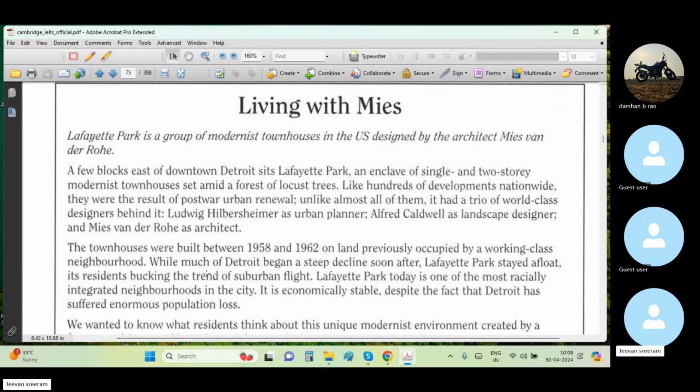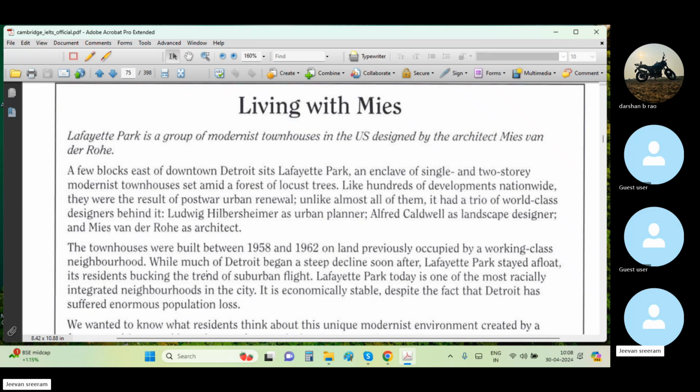Unlike almost all of them, it had a trio of world-class designers behind it. Okay, although developments are happening nationwide, the unique quality that you can see in these modernist townhouses is there was a trio of world-class designers behind it. There was a trio, 3 people behind these modernist townhouses. So this particular trio was not behind any other developments happening nationwide.